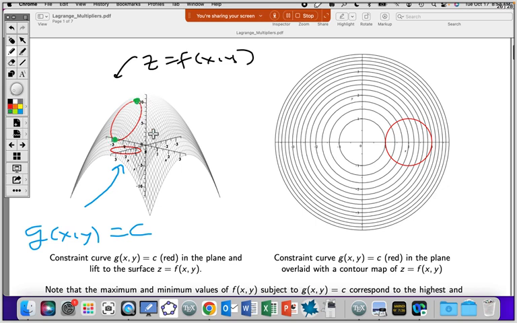All right. So another way to think about this theorem is we go once again to the contour maps. And so these concentric circles, this is the contour map of z equals f of x, y. So as I go through here and start slicing this, I'm going to get these concentric circles.